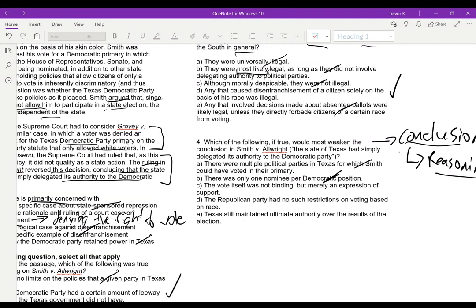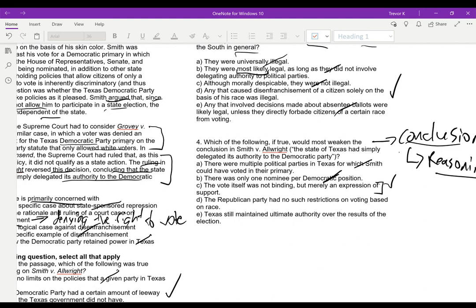No, I mean, he's still not able to participate in it, right? That's the important thing. Okay, maybe in that election he couldn't, there was only one nominee, but what about future elections? They still have the same rule. So B doesn't count.